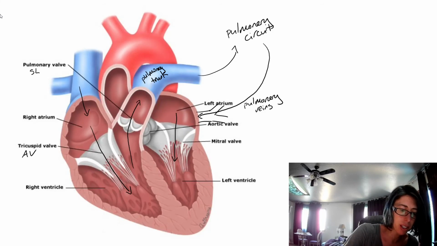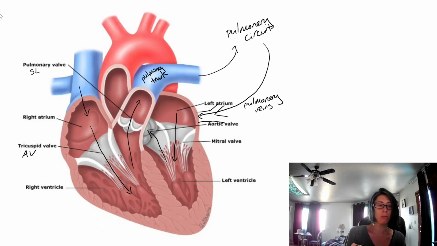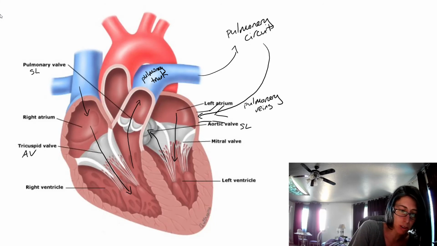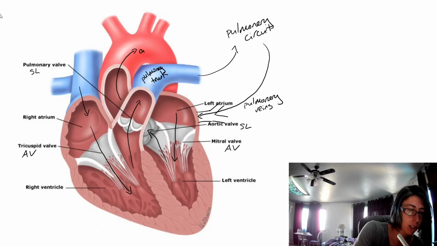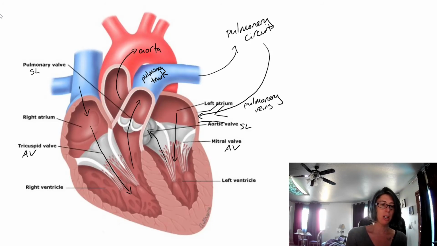The blood pushes up against the mitral valve, slamming it shut, but it pushes open the aortic valve, which is also a semilunar valve. The mitral valve is an AV valve, right? And then the blood goes out through the aorta to the systemic circuit again. When the ventricle relaxes, it sucks that semilunar valve shut.